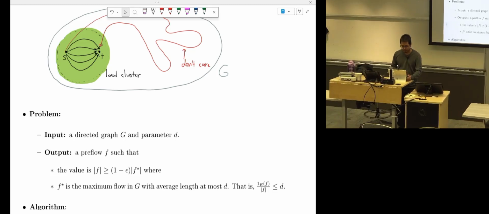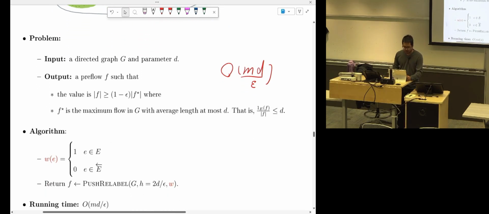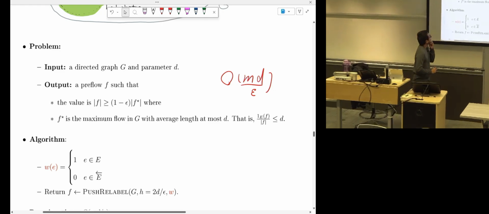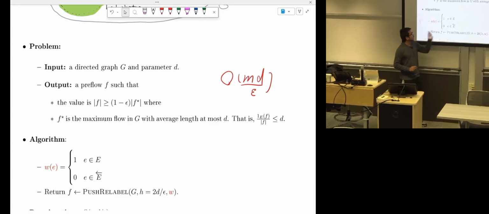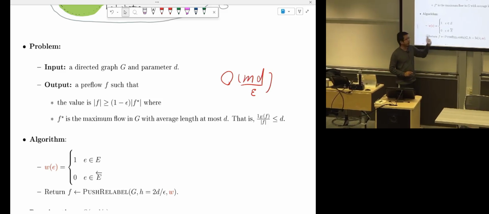Okay. And we're going to get running time something like this. So when D is small, this is fast. It's not mn. And here's the algorithm. It's quite short. We first set the length of every forward edge to be 1, every backward one to be 0.